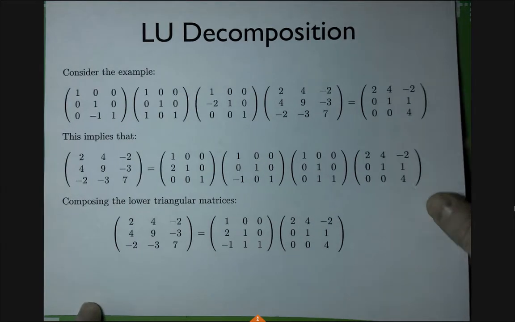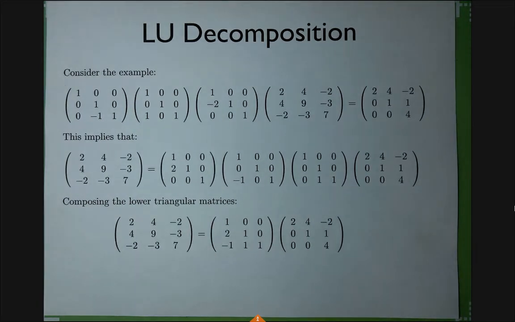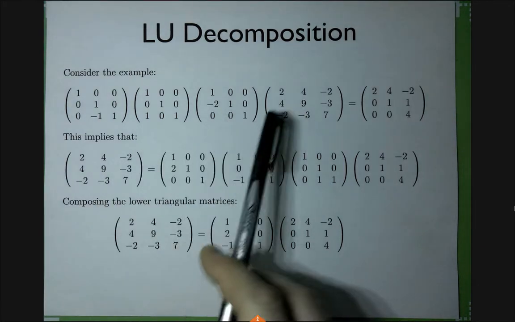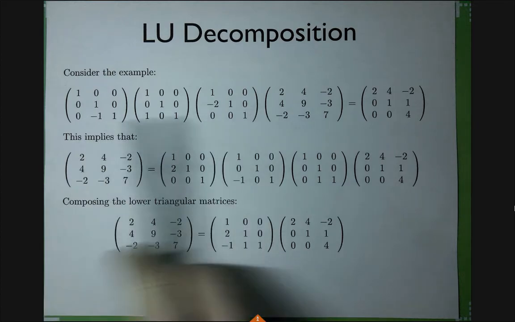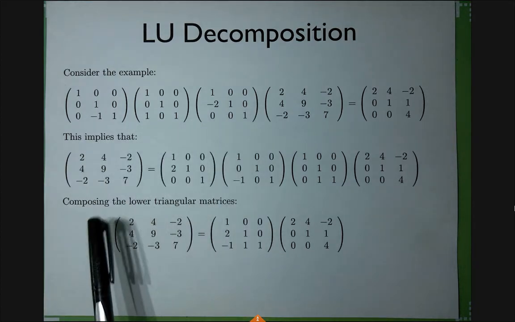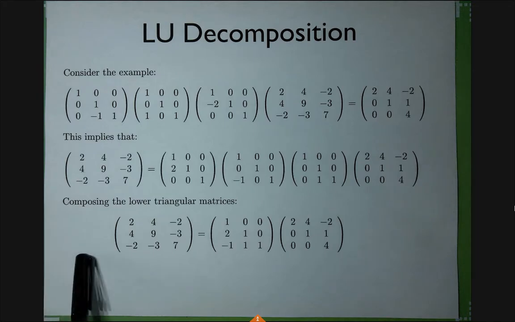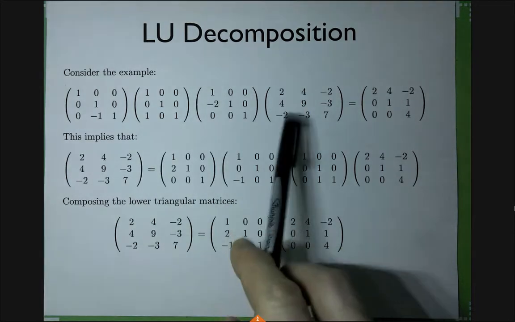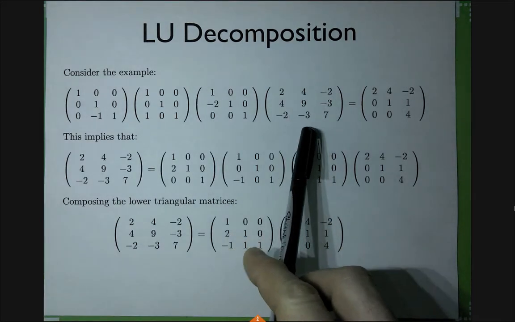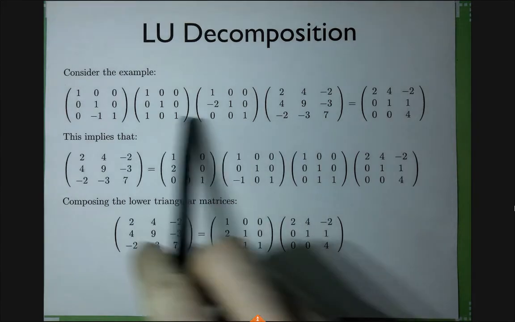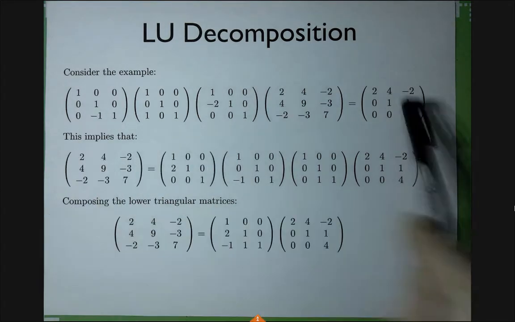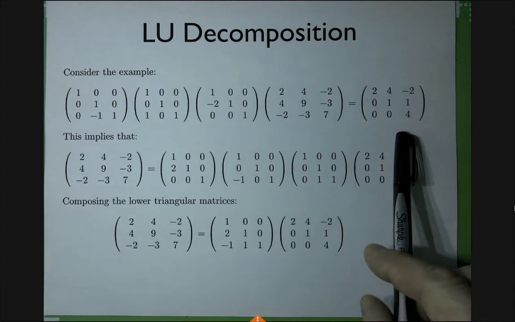So let's take a look at how it works in our favorite example. Here we are also taking advantage of the matrix associativity, right? Because it doesn't matter in what order we multiply the matrices. So this is our favorite system. Here are the elementary row transformation matrices, and here is the upper triangular matrix we got as a result.